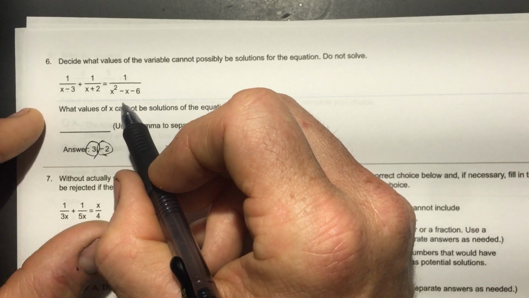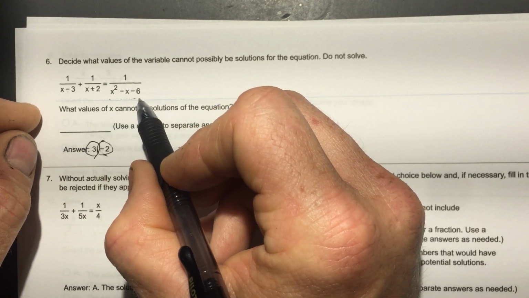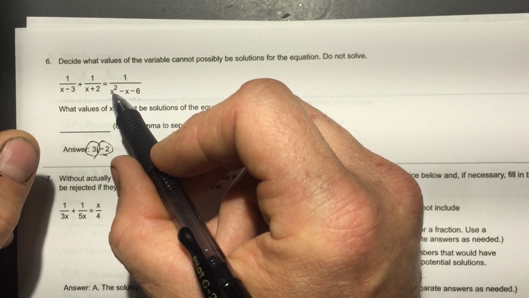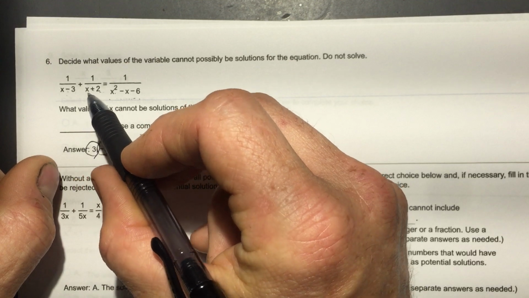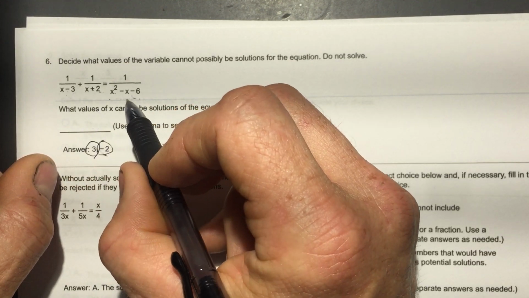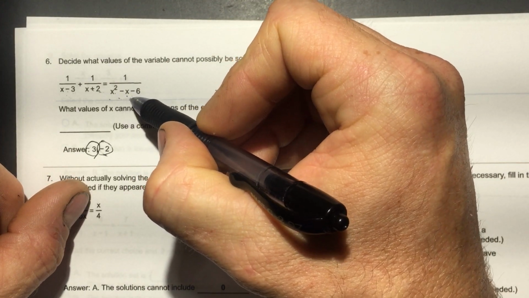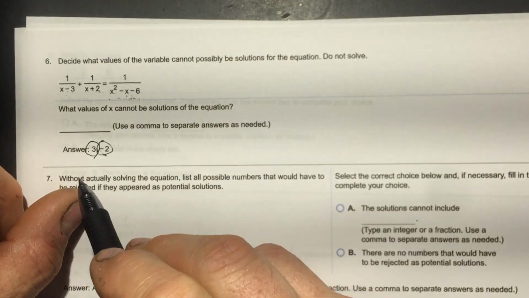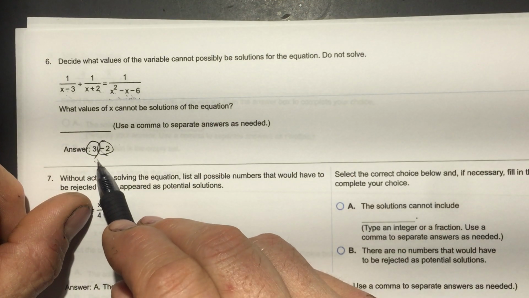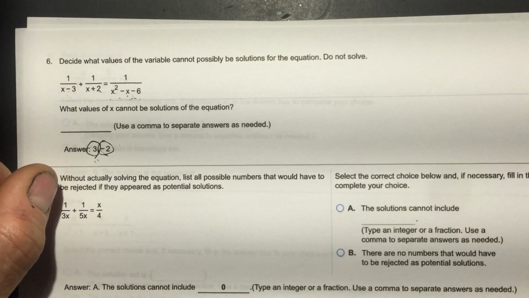And this, now usually when we have these, we have a trinomial like this with 3 terms. Usually, if you multiply these two, it'll be that one, and that's the case here. If I multiply those two, I'll get this. So this has zeros of 3 and negative 2. So there's my zeros, and so these have to be excluded. We cannot have these values of x because that's going to make us divide by 0.